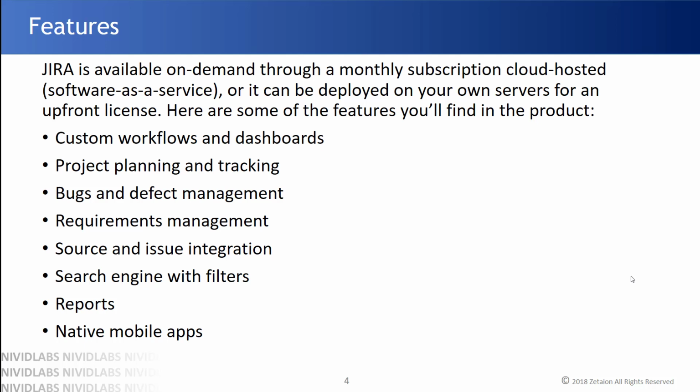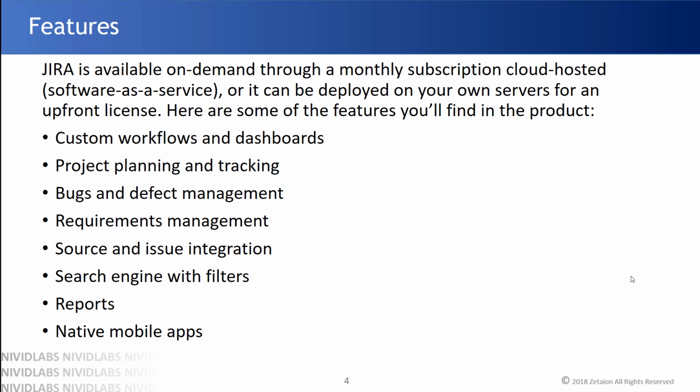So we can create our own custom workflows based on the projects and the companies too. And it has a nice dashboard, as we were saying before, Scrum and Kanban, which will be talked about later.